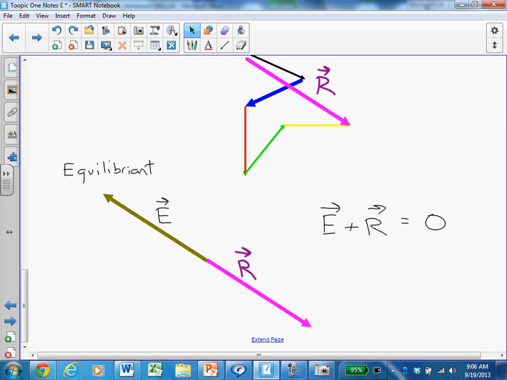You can also get the equilibrium because it's a 180 degree difference from the other one. It has the same magnitude but 180 degree difference.